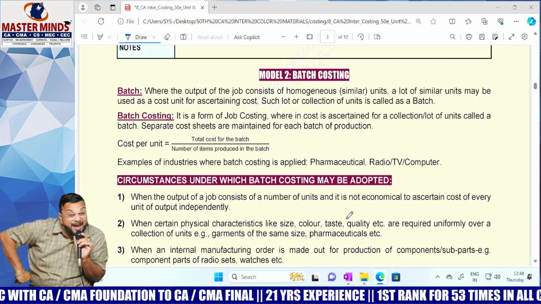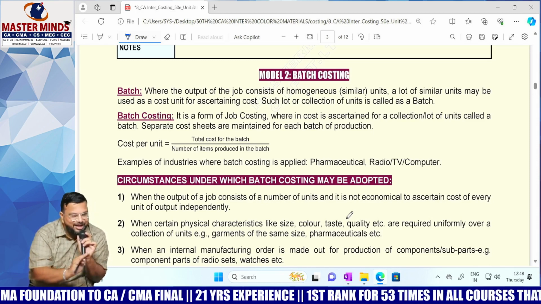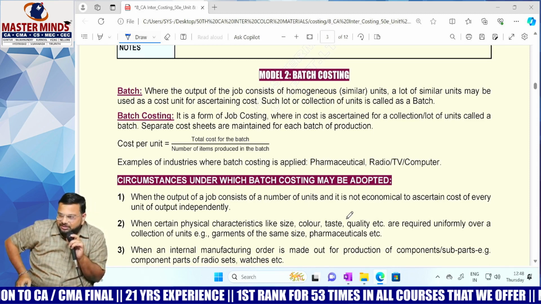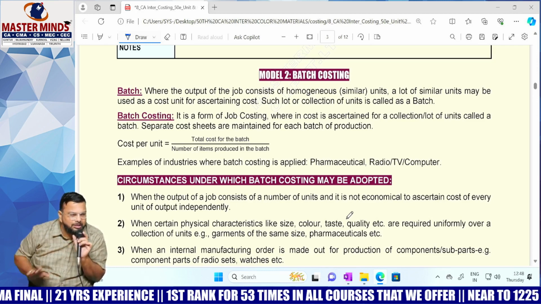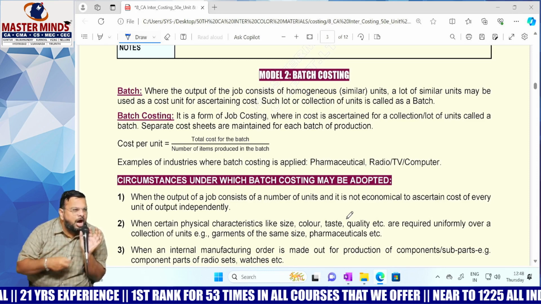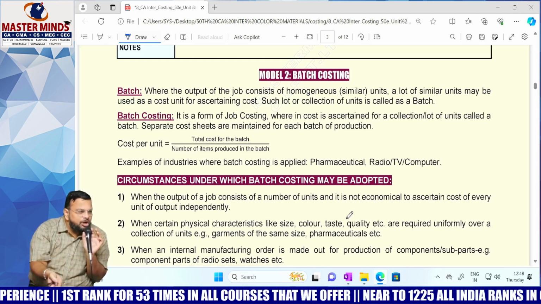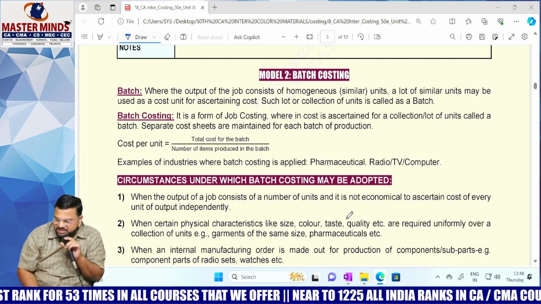Number of batches, or number of setups, into setup cost per batch. So all these points are almost similar. How will you get the number of orders? A divided by order size. Here also, D divided by batch size.